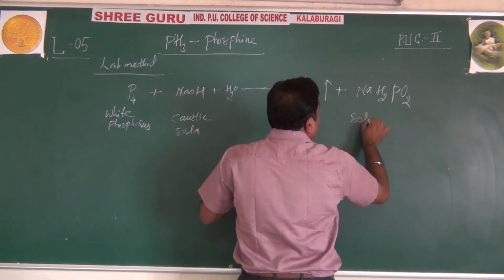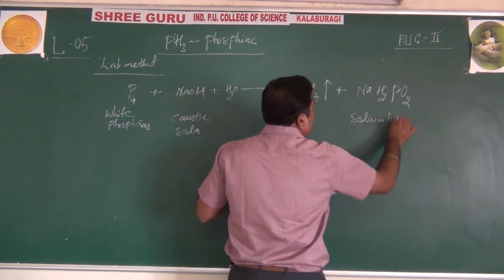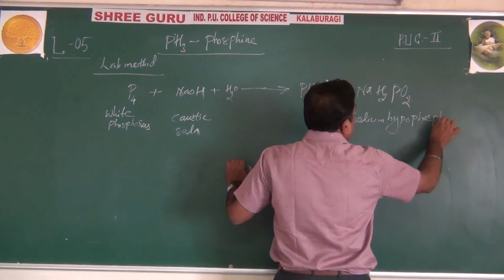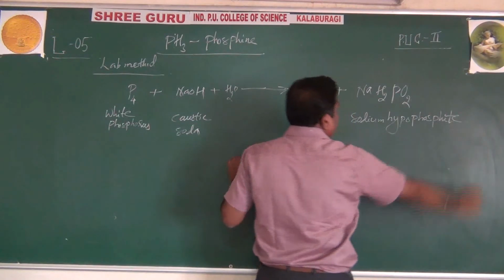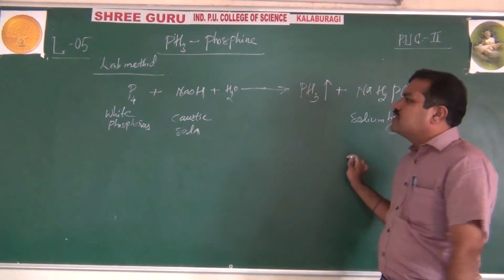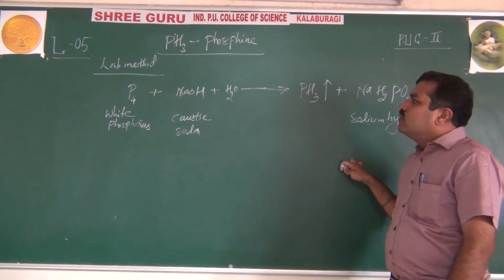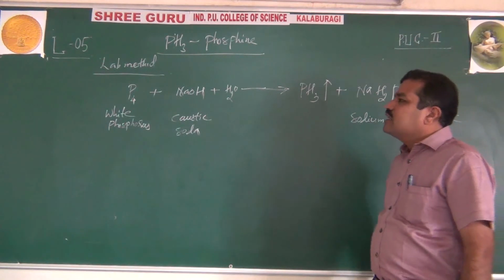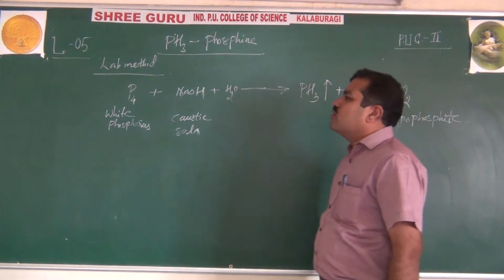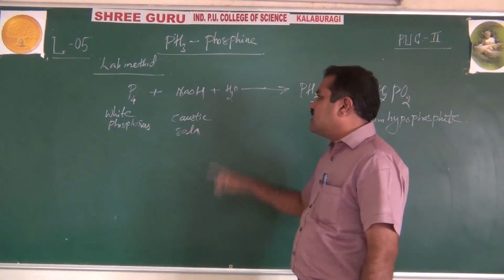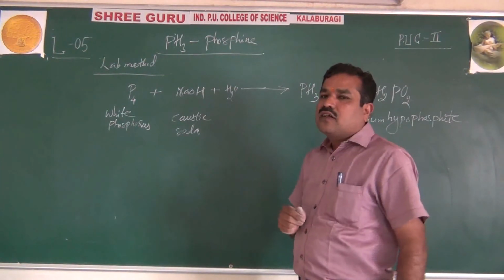Remember, sodium hypophosphite is the expected product. That means in the laboratory, this poisonous gas phosphine is prepared by treating white phosphorus P4 with highly concentrated caustic soda in the presence of water.